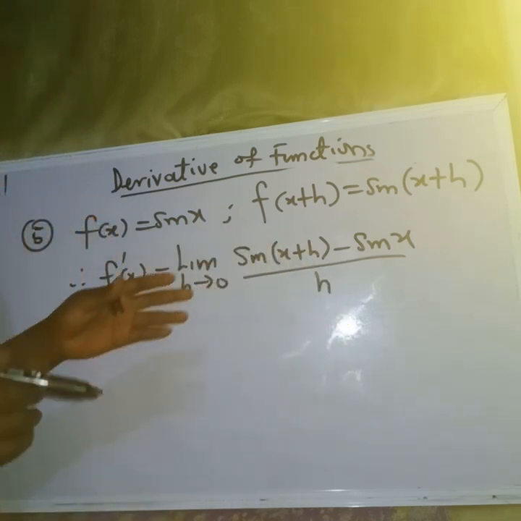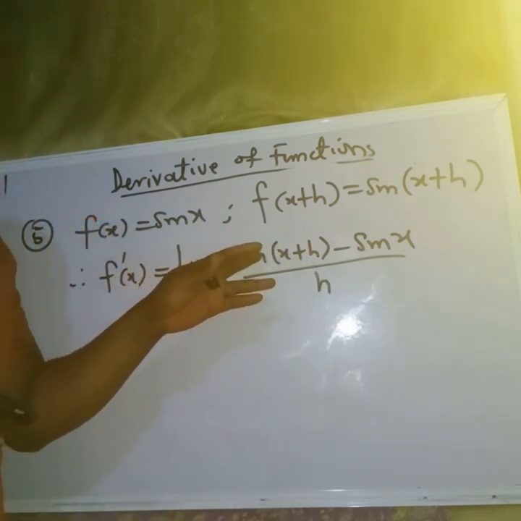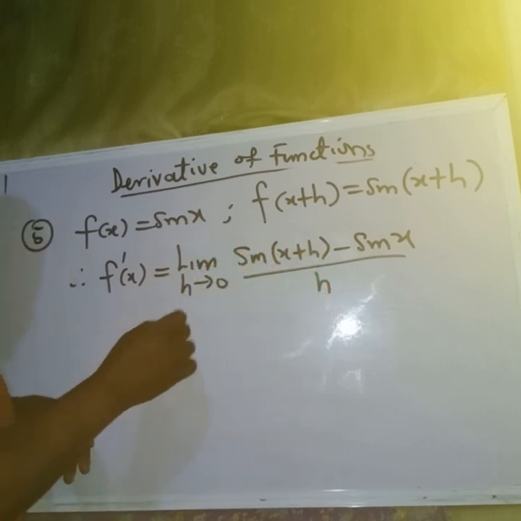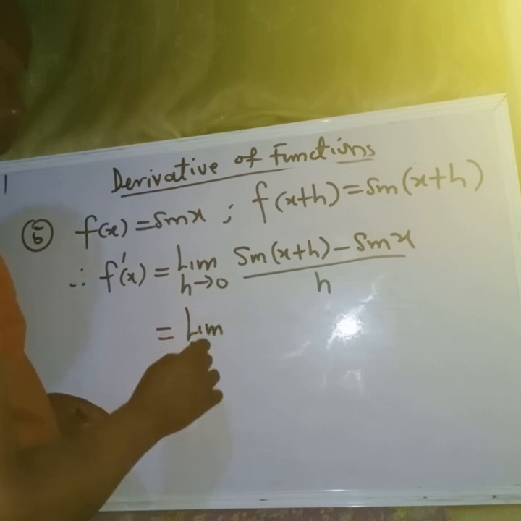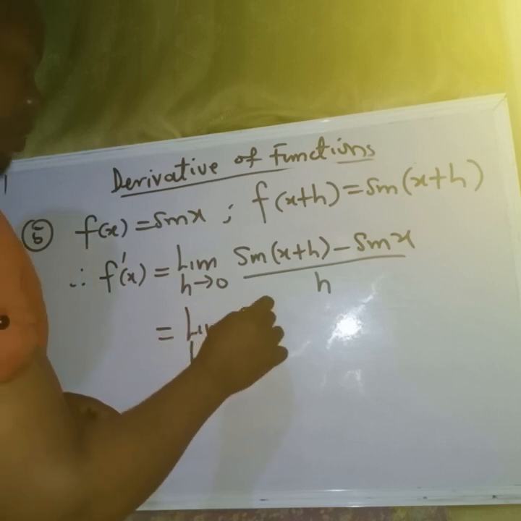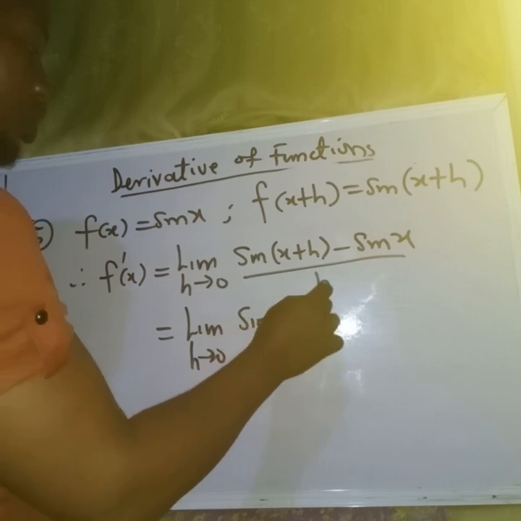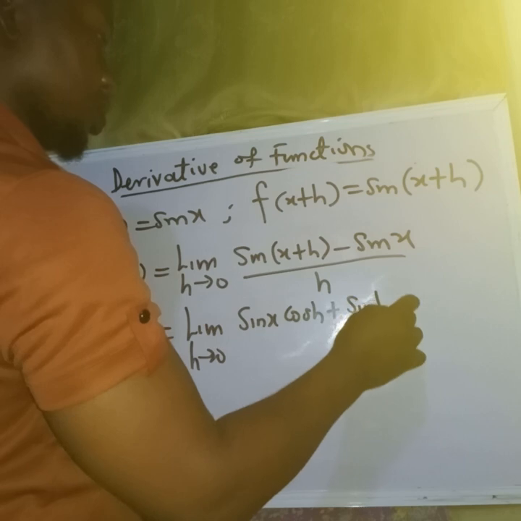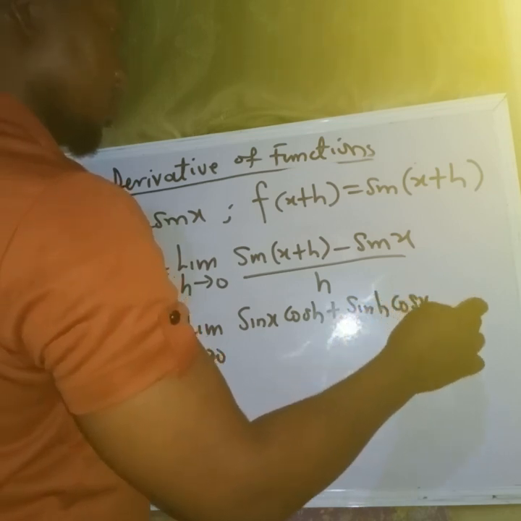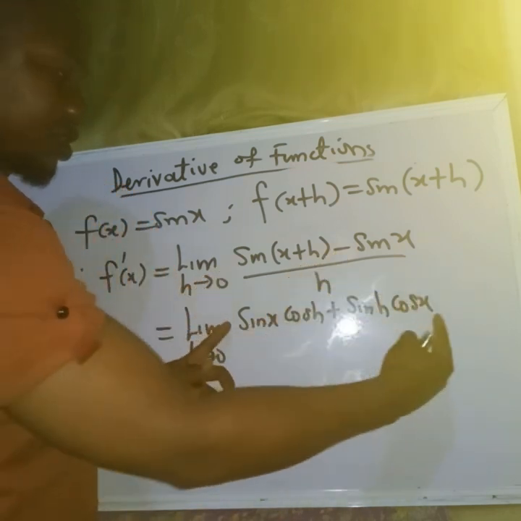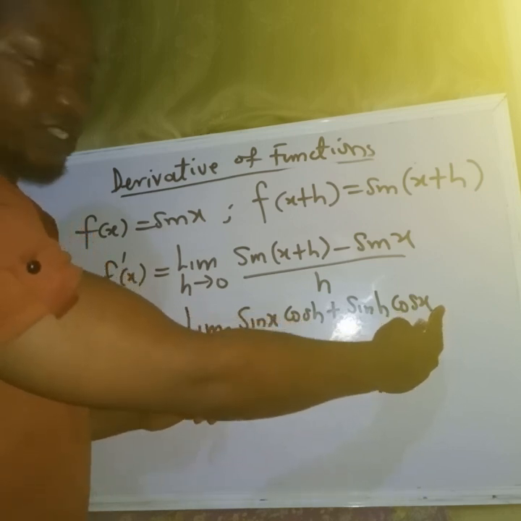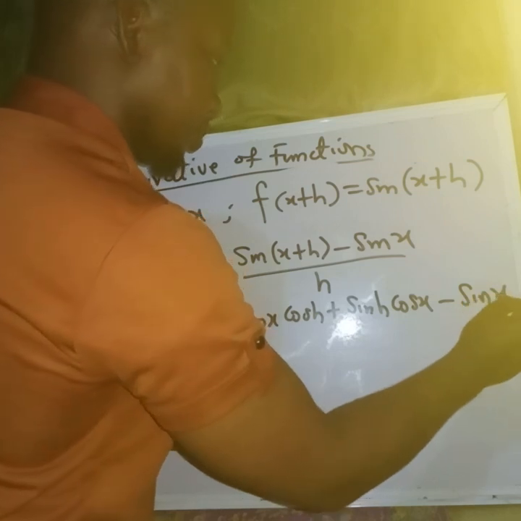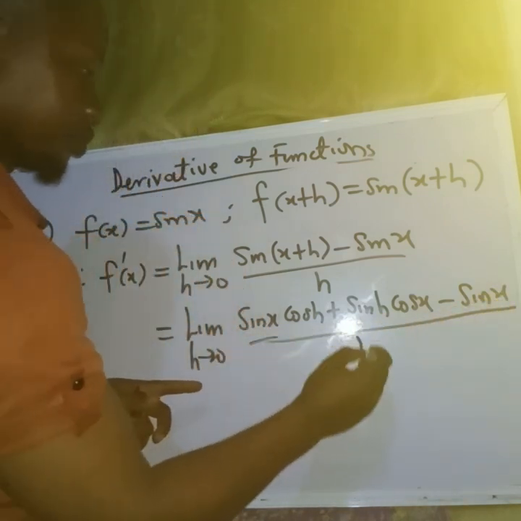Under the trigonometric identity, this can be expanded to give sine x cos h plus sine h cos x, minus sine x, all over h.